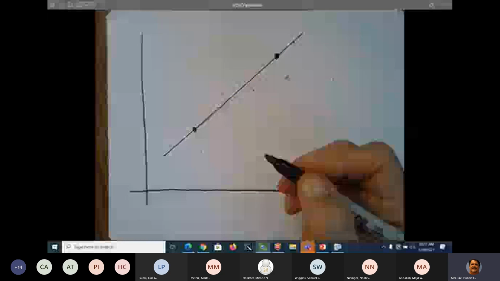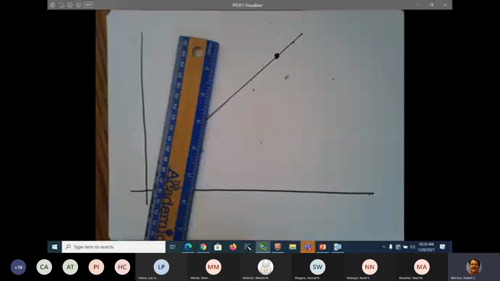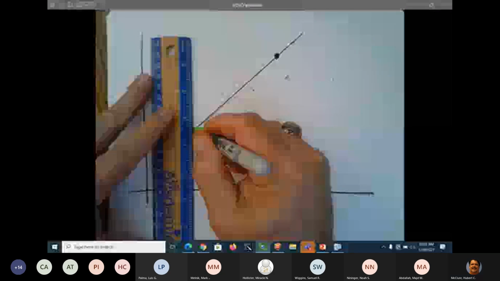And I want to find the slope, but I don't have numbers. So what are these points called? Well, this point right here, let's take the color green, and directly down here I draw a line directly down here. And for each x, I have a corresponding y. We'll go with this lavender.